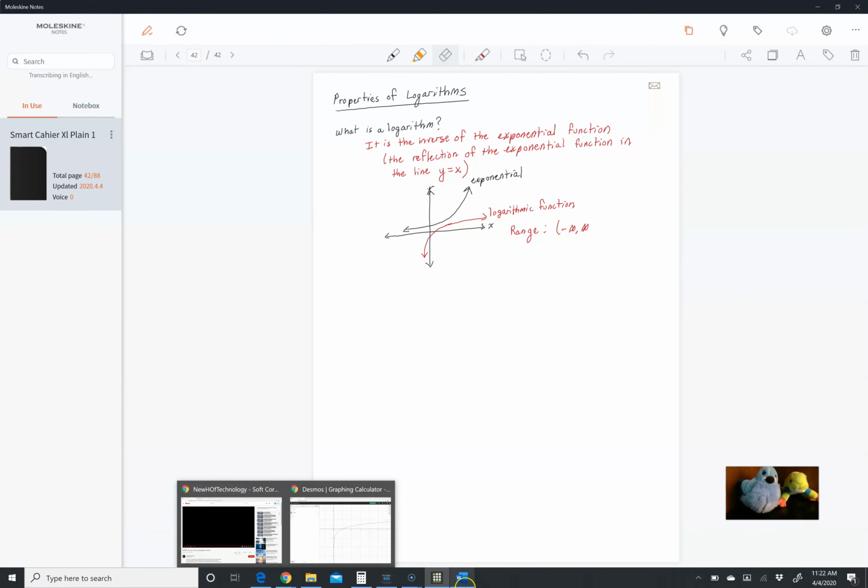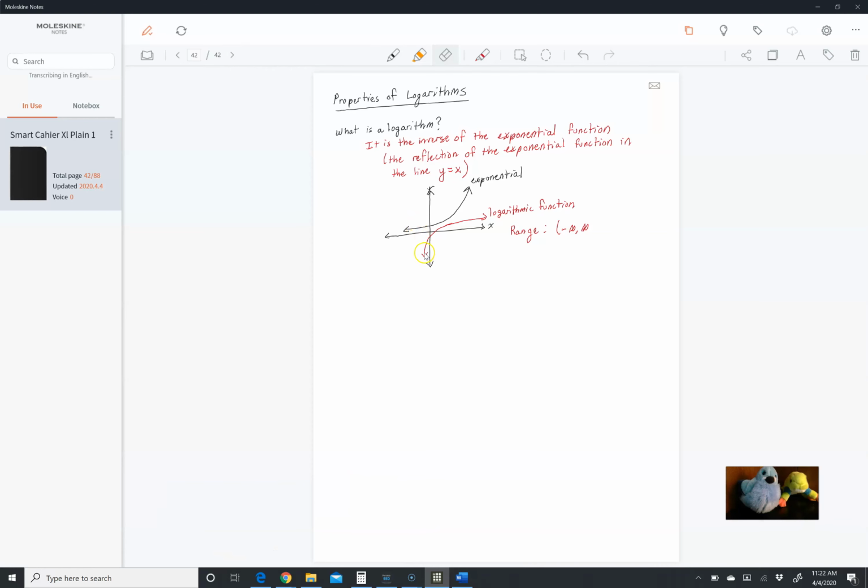And I still did this wrong over here. Sorry about that. Okay. So the range is negative infinity to infinity, and the domain would be the range of the exponential. So the range of the exponential is 0 to infinity, so that's going to be the domain of the logarithmic.